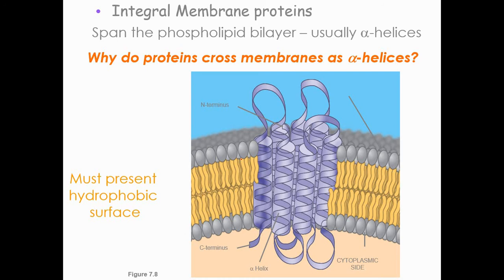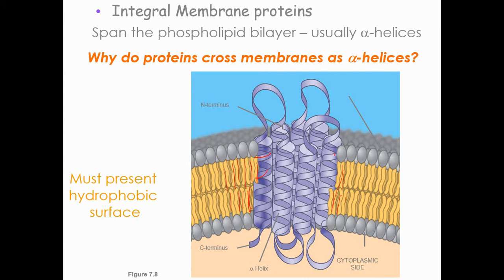Because these are hydrophobic tails, the structure of the protein must show its hydrophobic parts so that they come into contact with the hydrophobic tails of the fatty acid. Diba?